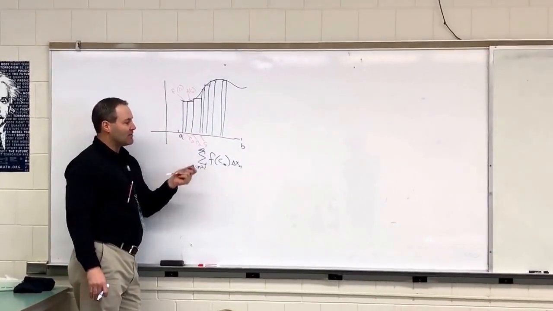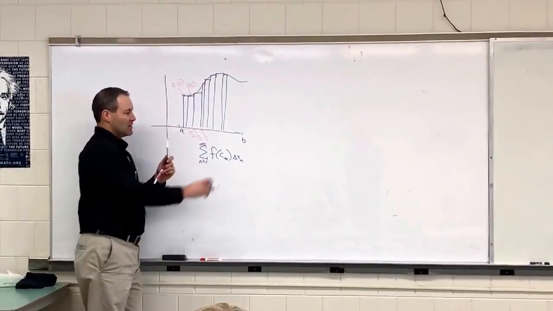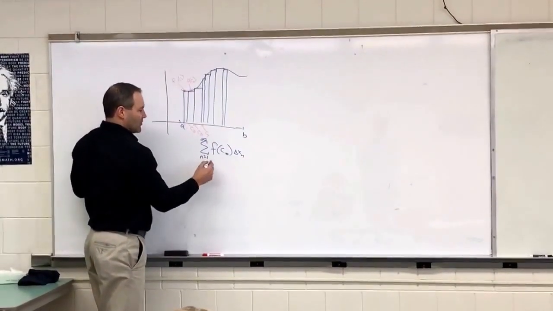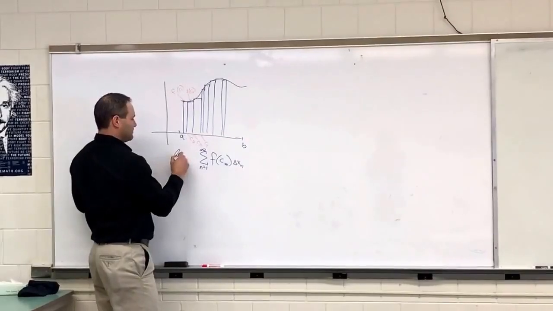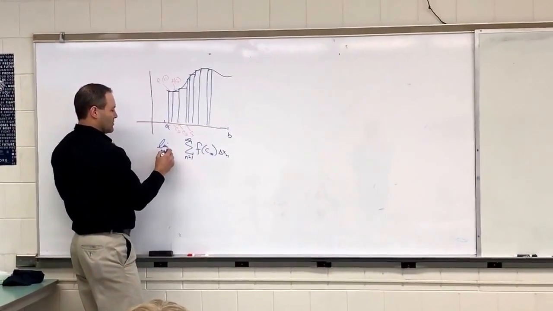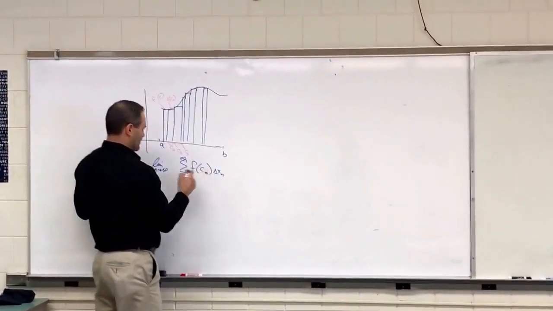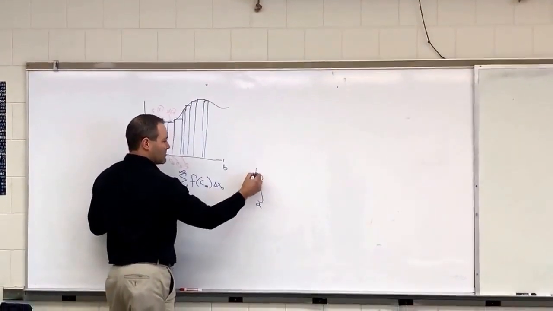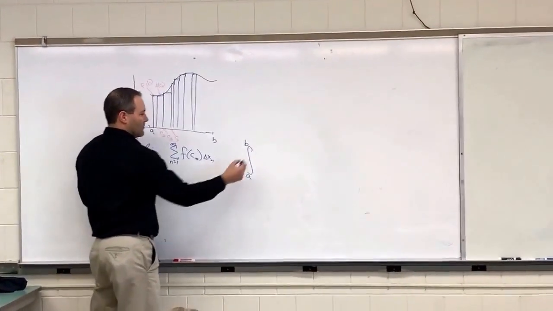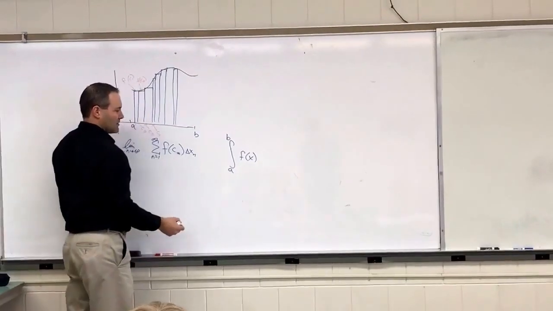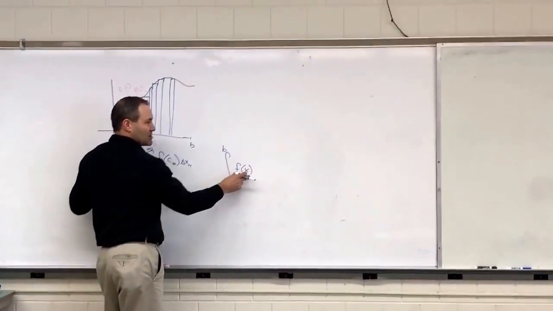And if we have an infinite amount of little bases and heights, we could find the limit as the number goes to infinity, and it becomes the integral from a to b of your function, and that'll get you the height.